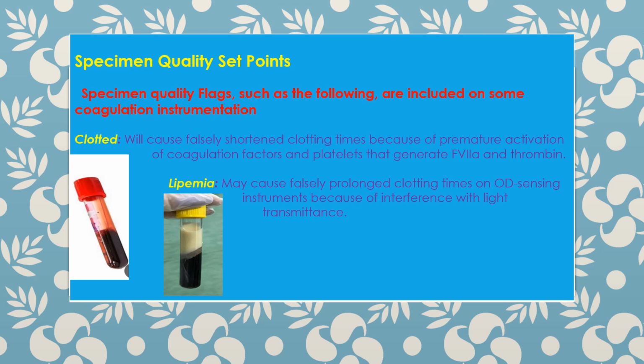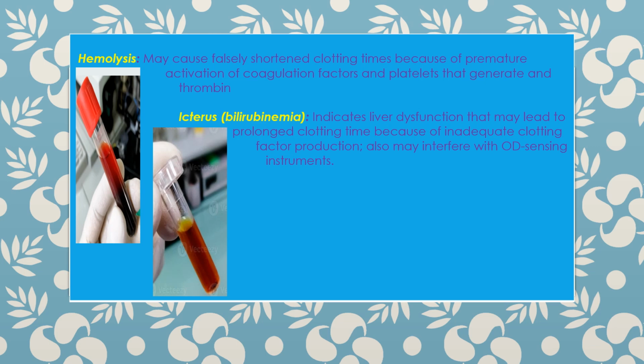Lipemia may cause falsely prolonged clotting times on OD sensing instruments because of interference with light transmittance. Hemolysis may cause falsely shortened clotting times because of premature activation of coagulation factors and platelets that generate thrombin.